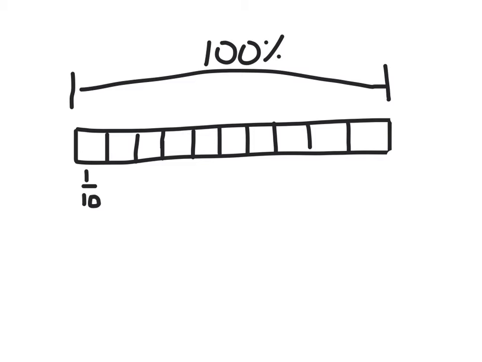I wonder what 1/10 is as a percent. Remember in the last lesson where we set it equal to 100? So let's look. To get from 10 to 100, we multiply times 10. So to get from 1 to here, our unknown, we also have to multiply that times 10.